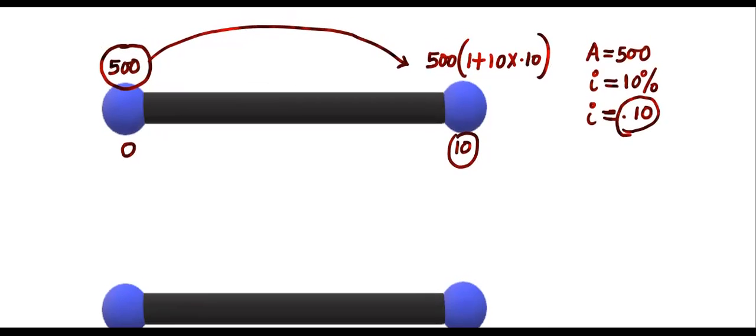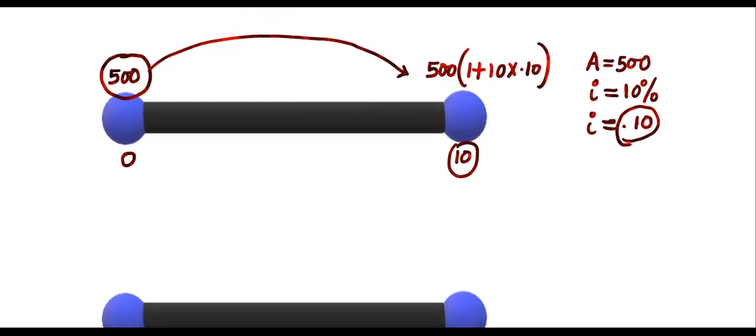So the accumulated value will be 500 into 2, that is equal to 1000. Now you deposited 500 and you get 1000.